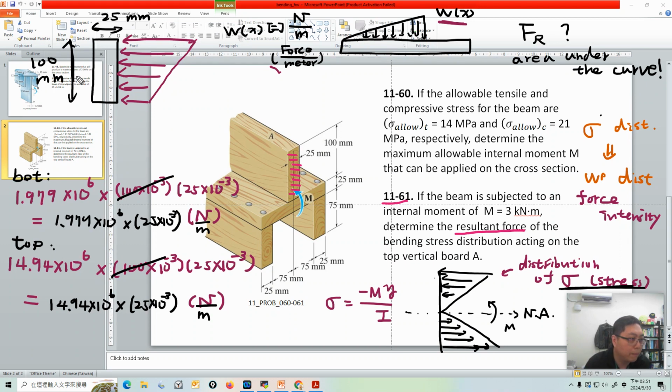At the bottom you have 1.979 times 10 to the power 6 times 25 times 10 to the power minus 3, and here you will have 14.94 times 10 to the power 6 times 25 times 10 to the power minus 3. Then we calculate the area of this trapezoid.